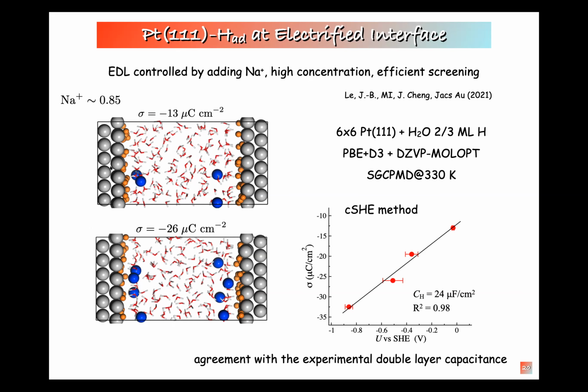I was asking the question in general, not only for this particular surface, platinum, but in your simulations, have you seen something like three layers of structured water?